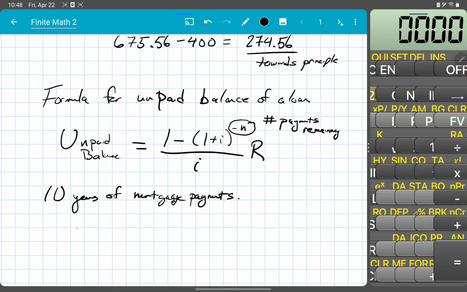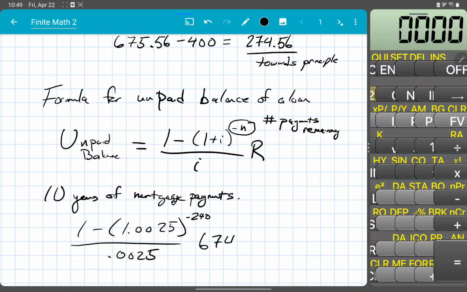So to figure that out, we take 1 minus 1.0025 raised to the negative 240 power divided by 0.0025. 240 because there's 240 payments remaining after 10 years. And then we multiply that by the monthly payment, $674.56, and we get $121,630.53. That's how much we would owe after 10 years of making payments on the $160,000 initial loan.